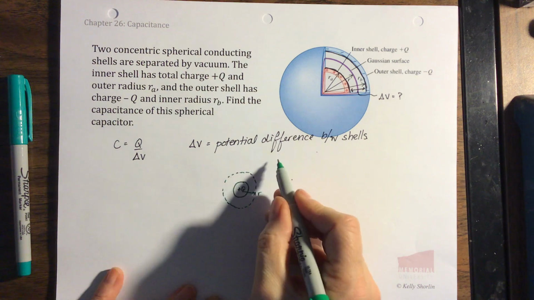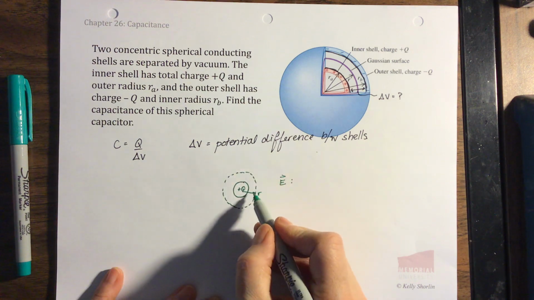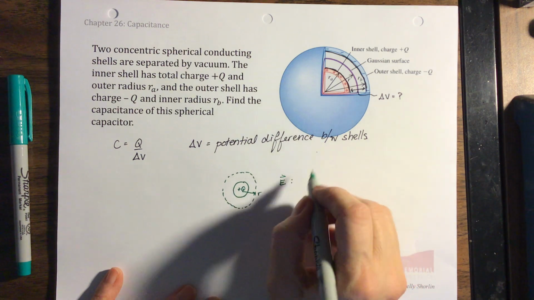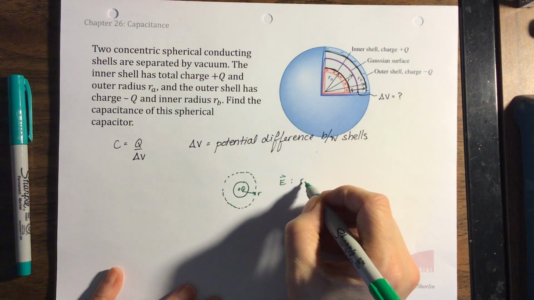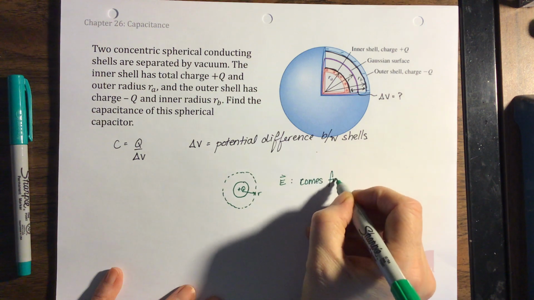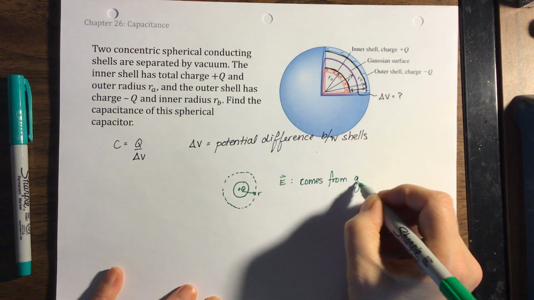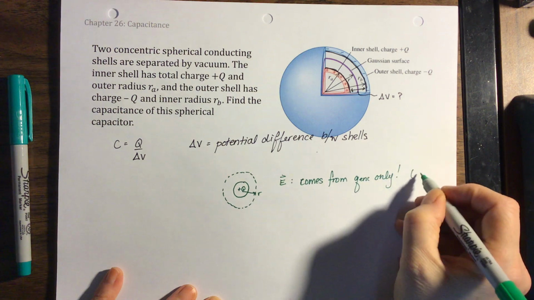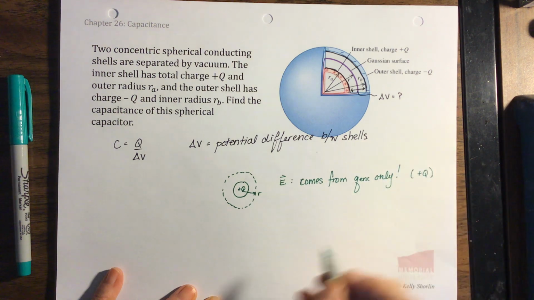Doesn't matter what's out here. It can be anything at all out here. The electric field is only a result of what's inside. That's a result of Gauss's law. So the electric field comes from Q enclosed only. Okay, and in this problem that's plus Q.